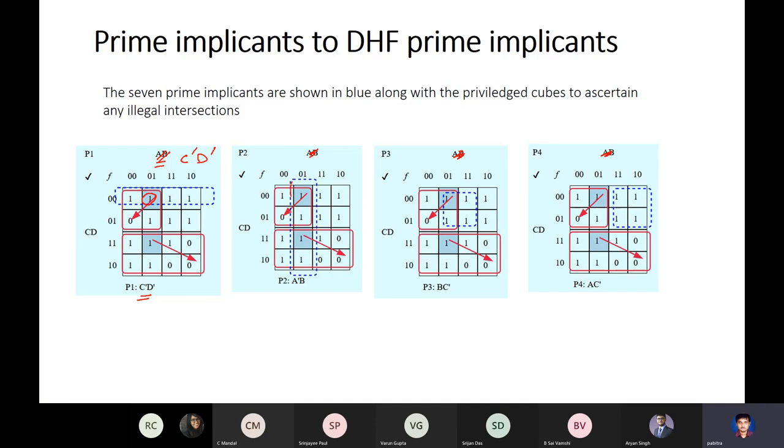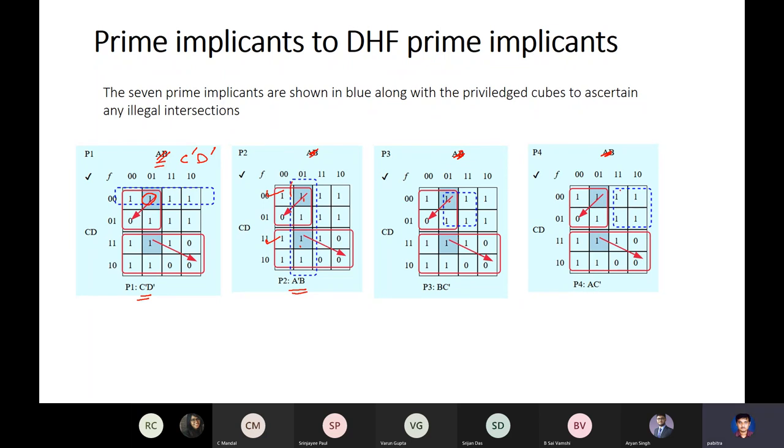This is another prime implicant, A prime B. This is also not illegal. It intersects with this privileged cube as well as this privileged cube, but it includes the starting point also. Similarly, this is also a valid, legal prime implicant because it includes this.